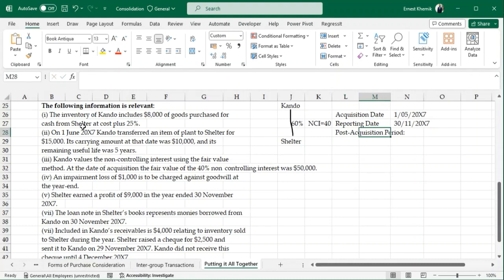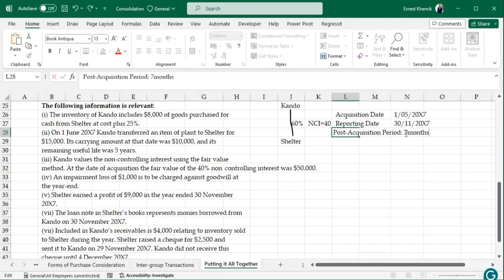How many months are between 1st May and 30th November? So we have May, June, July, August, September, October, November. So that is 7 months. So we are saying that our post-acquisition period is 7 months.